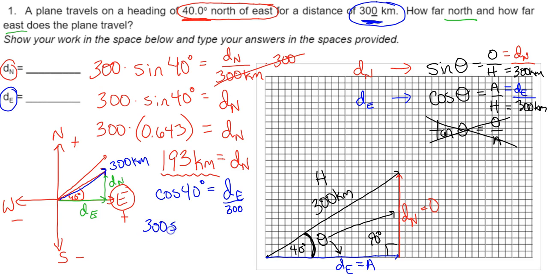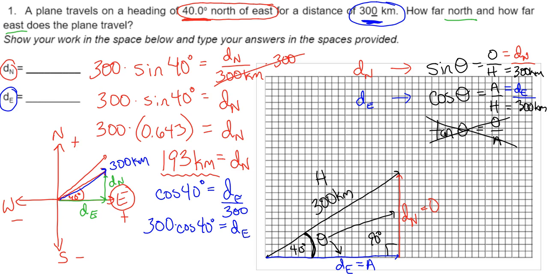I get 300 times the cosine of 40 degrees is equal to my distance east.